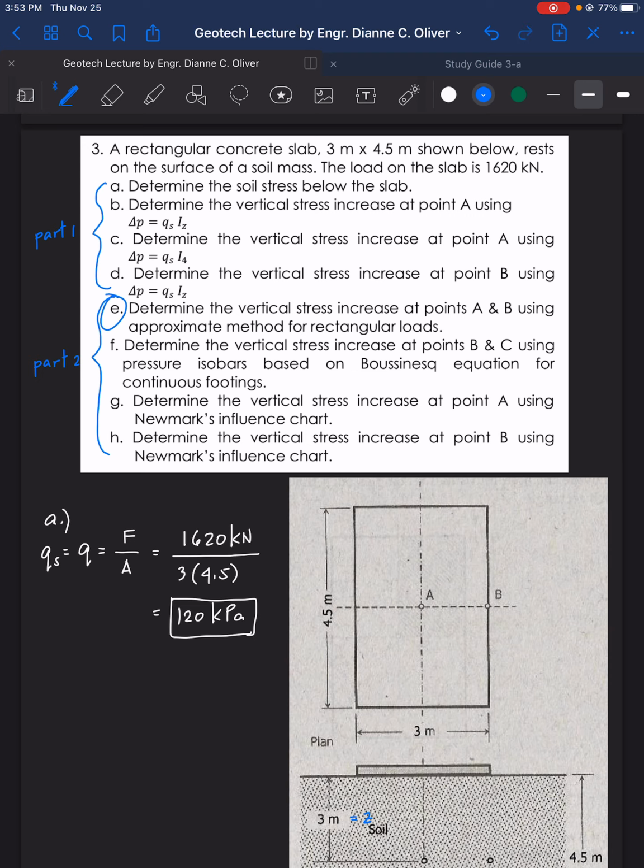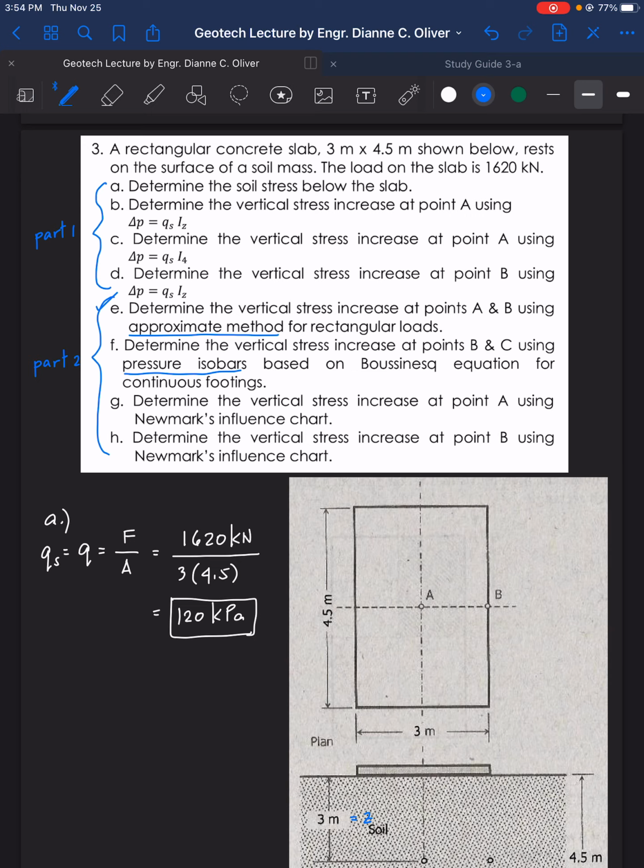Letter E, determine the vertical stress increase at points A and B using the approximate method for rectangular loads. So we're going to use approximate method for letter E. Letter F, determine the vertical stress increase at points B and C using pressure isobars based on Boussinesq equation for continuous footings.